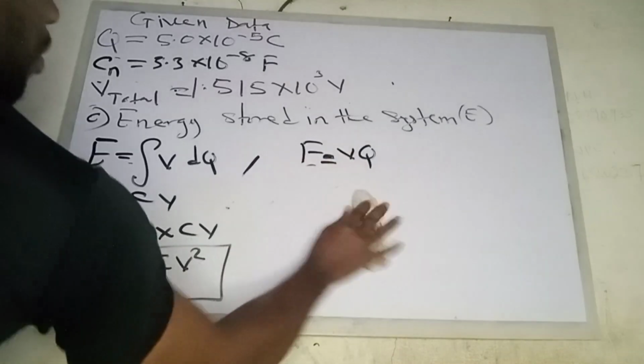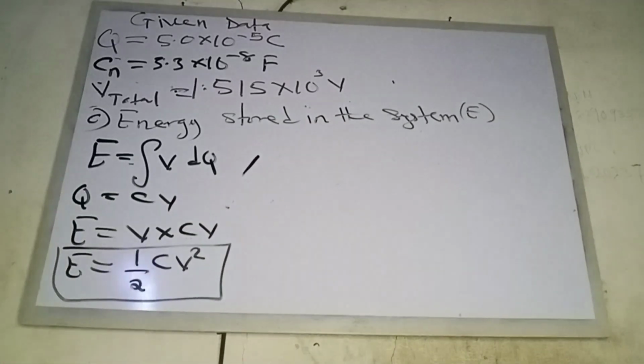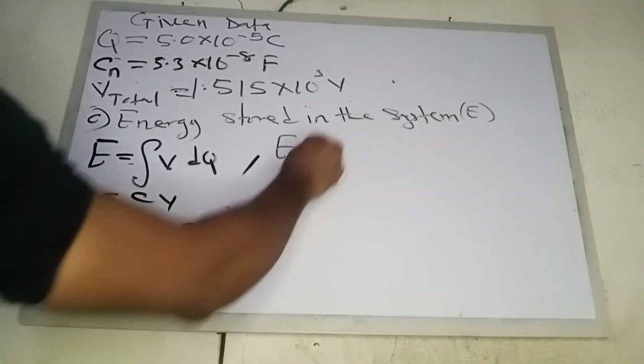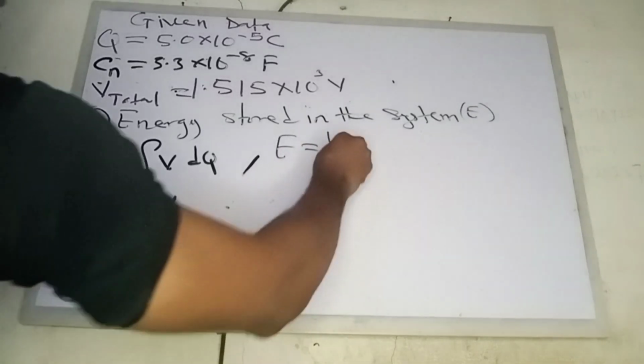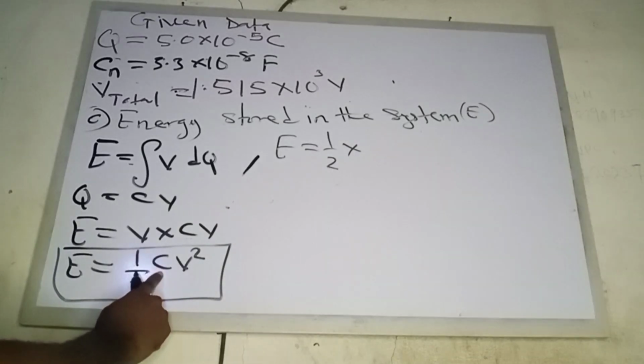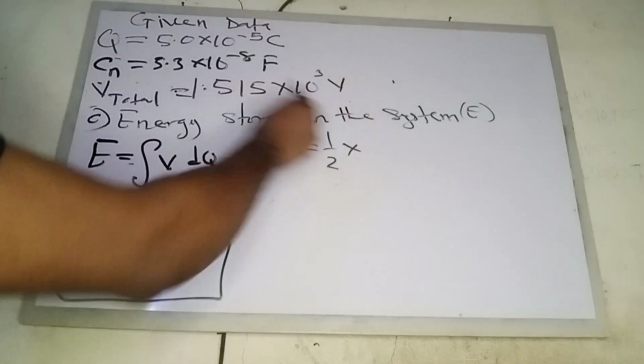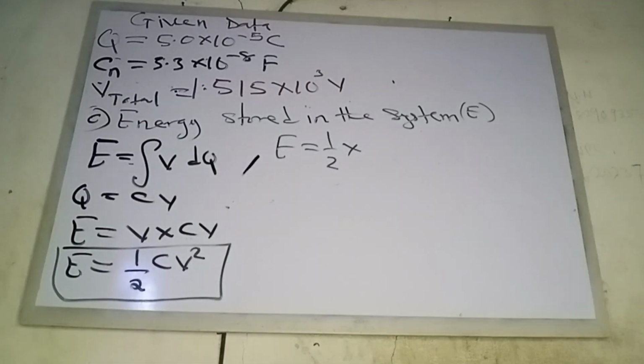So now let's take this. Our energy E is equal to 1 over 2 multiplied by our C, which is the total in the system, because they say in the system, not in the first capacitor, but in the system.